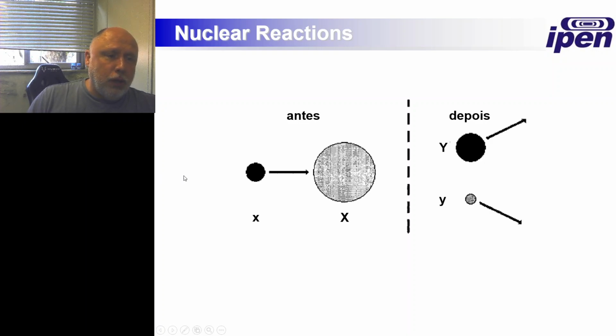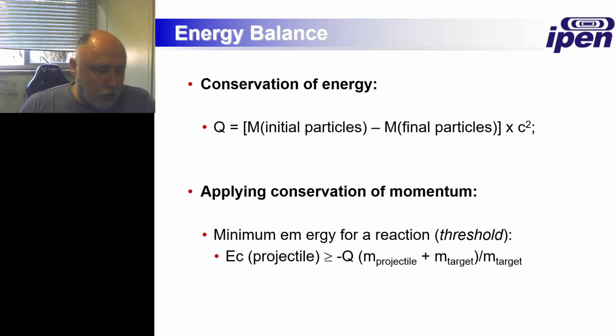In a nuclear reaction, this particle can have high kinetic energy, and so this energy enters in the balance too. So if it has an energy that's large enough, the reaction can occur even with a Q smaller than 0, because this particle can bring this energy, because of its kinetic energy.